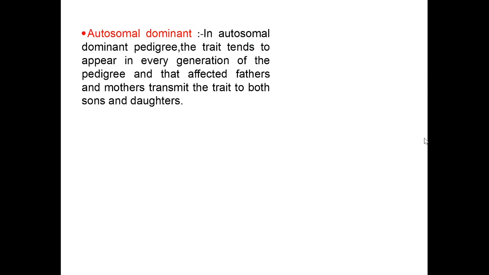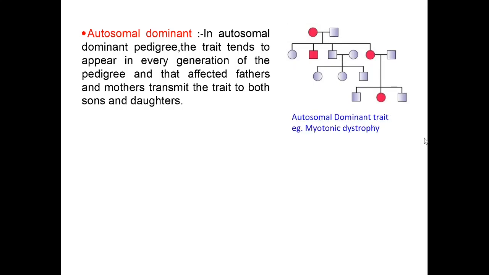Let us study some common pedigrees. First is autosomal dominant. In autosomal dominant pedigree, the trait tends to appear in every generation of the pedigree, and affected fathers and mothers transmit the trait to both sons and daughters. For example, myotonic dystrophy.